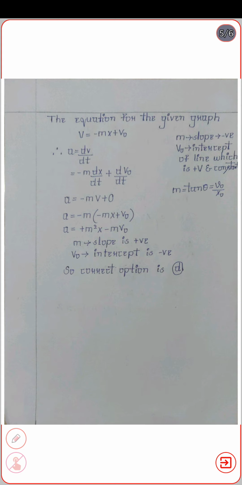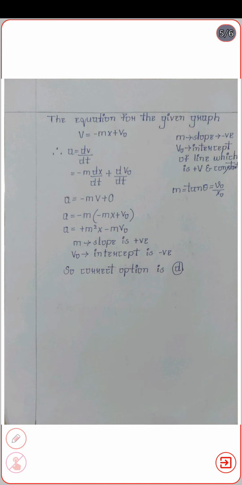Then a equals minus m times dx by dt, and dx by dt is nothing but the velocity v, plus dv naught by dt. That is a constant, and the derivative of a constant is equal to 0.